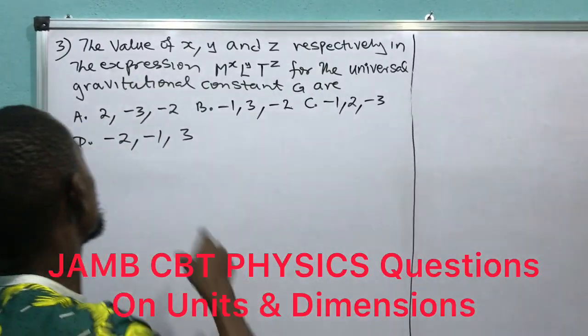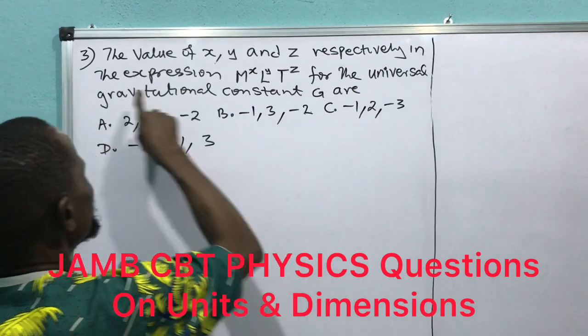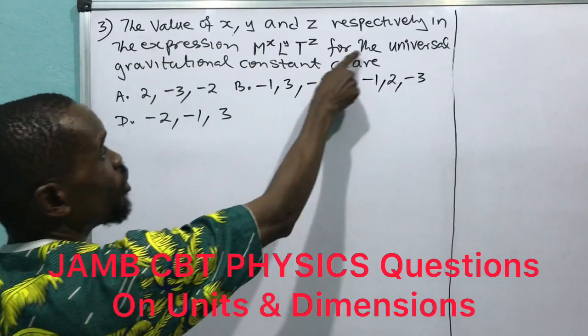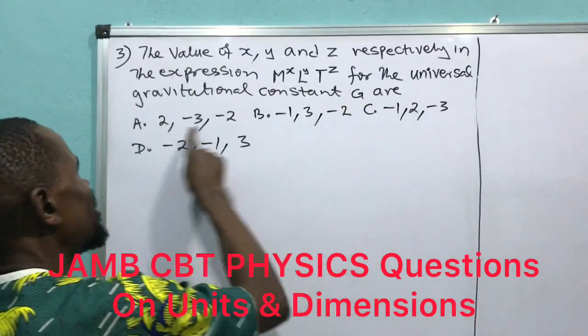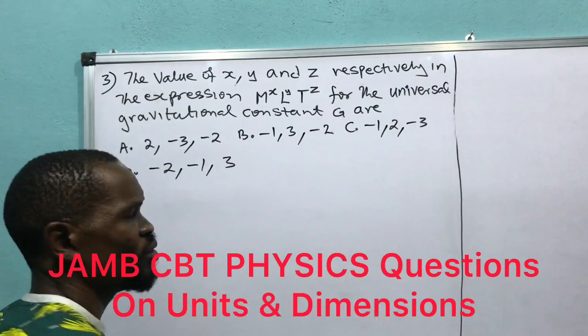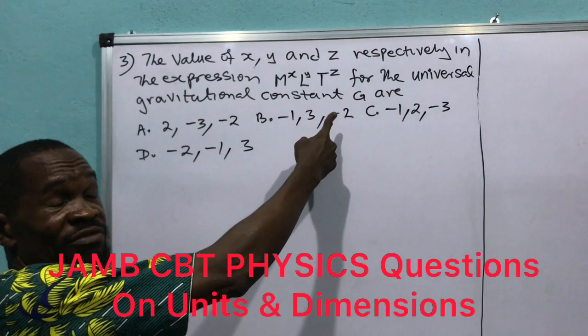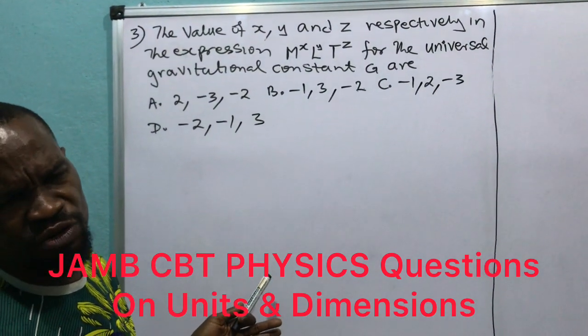Question number 3. The values of x, y, z respectively in the expression, which is the dimension for the universal gravitational constant G, are given as options. This simply means that we should get the dimension of the gravitational constant. And where do we get the universal gravitational constant?